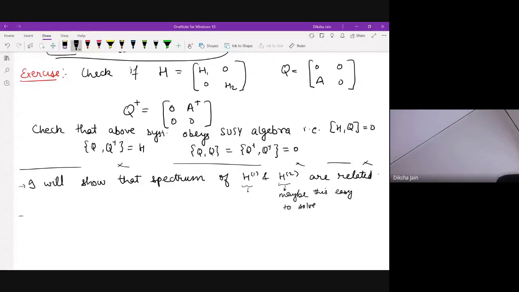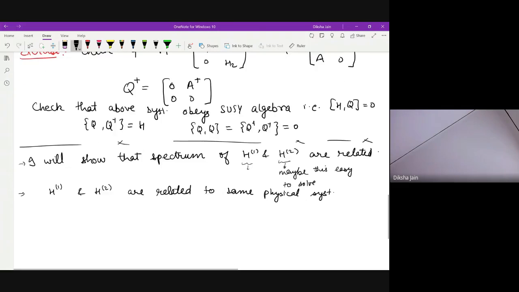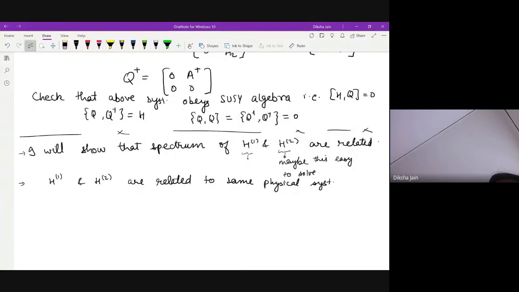Another thing that sometimes happens is that H1 and H2 are related to the same physical system. This will happen in the case of the hydrogen atom, and I'll give you that example. H1 and H2 are related to different L quantum numbers of the same Hamiltonian.